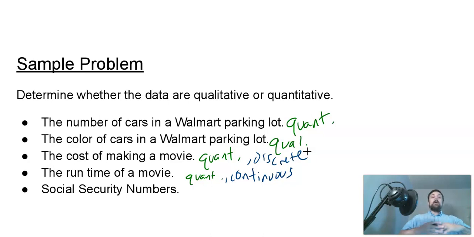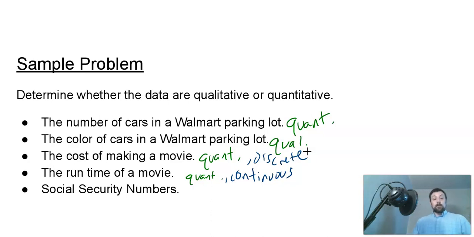And so that makes time a continuous measurement because you can, in theory, measure time to a very, very tiny degree. You can measure it to microseconds, femtoseconds, whatever. Now there are limits, because then you start getting into quantum stuff, so there are physical limits there as well. But mathematically speaking, you can measure it to an arbitrary number of decimal places if you had the technology to do so, which makes it continuous.